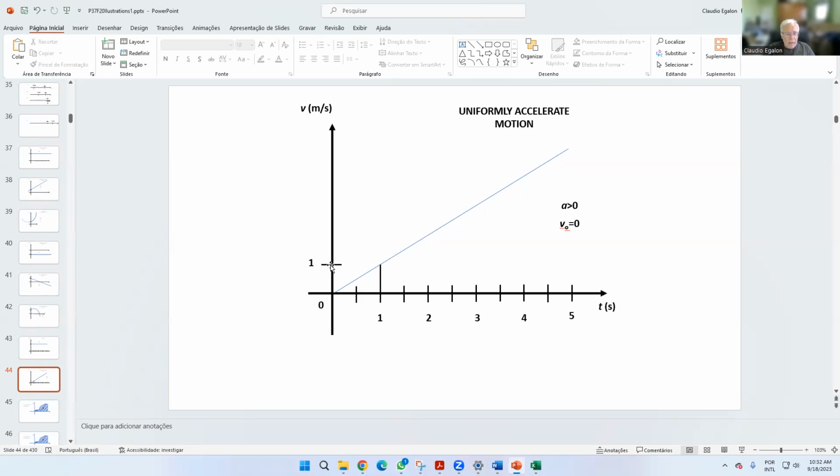One. And now I want everything to be nicely, evenly spaced. What do I do if I'm doing this in PowerPoint? I go through the trouble of doing that. If you're doing Excel, you don't have to worry about that because Excel is going to do that automatically for you. 1, 2, 3.